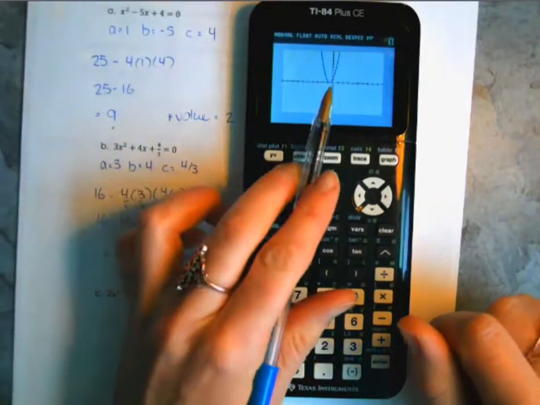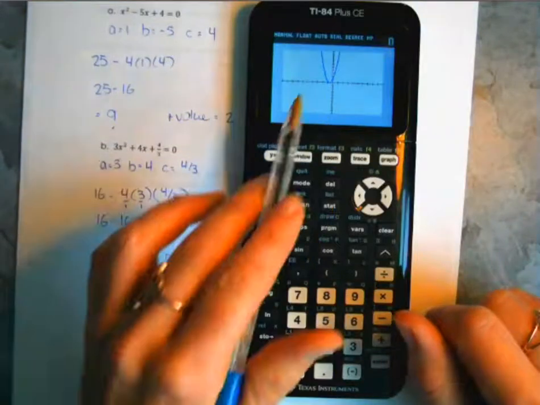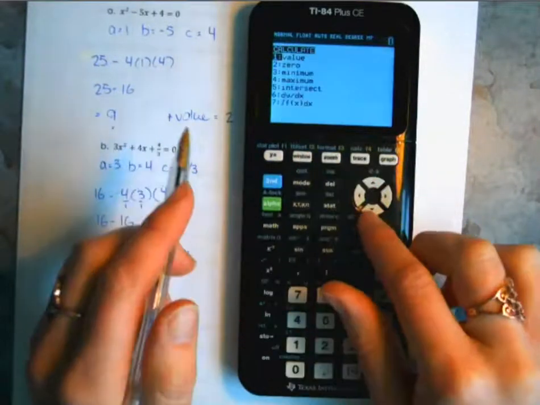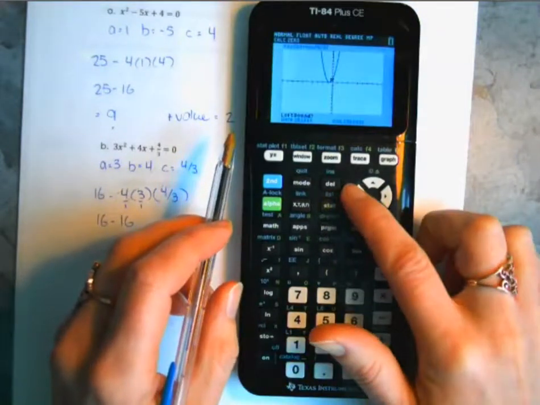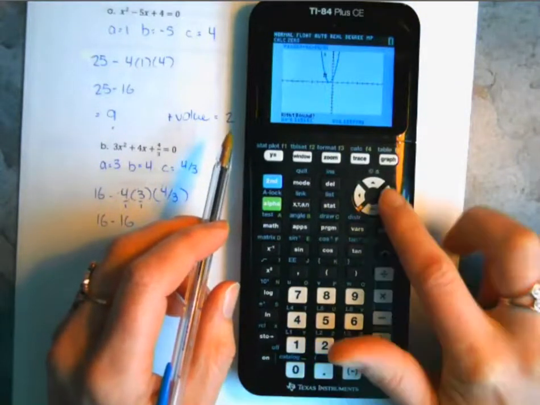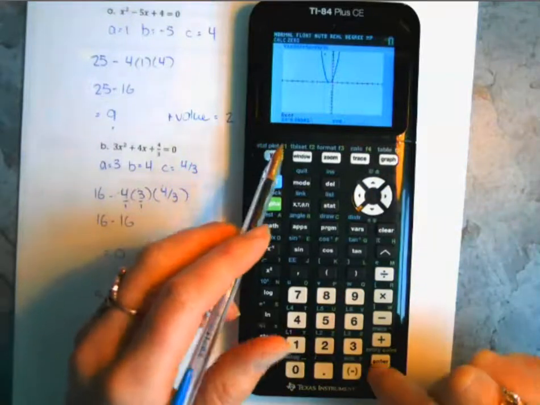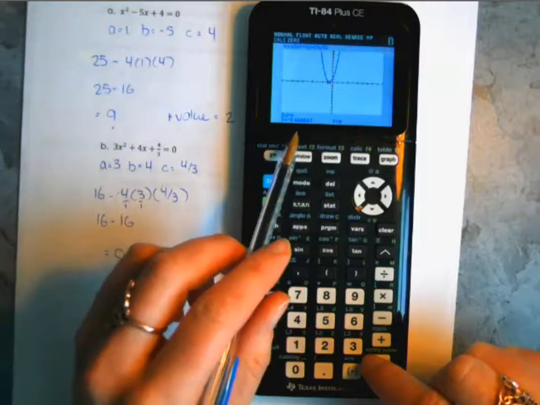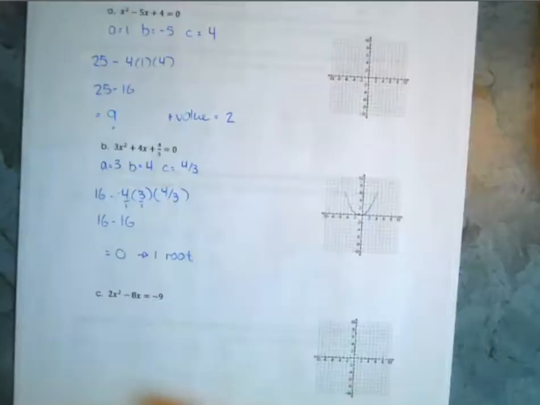And you can kind of see, if you wanted to, you can check by doing the trace, but there should just be, the minimum should be at, let's see, second function trace, 0, left bound, right bound. And so you can see that there's only the one spot where y equals 0, and it's where x is negative 2/3. Okay.